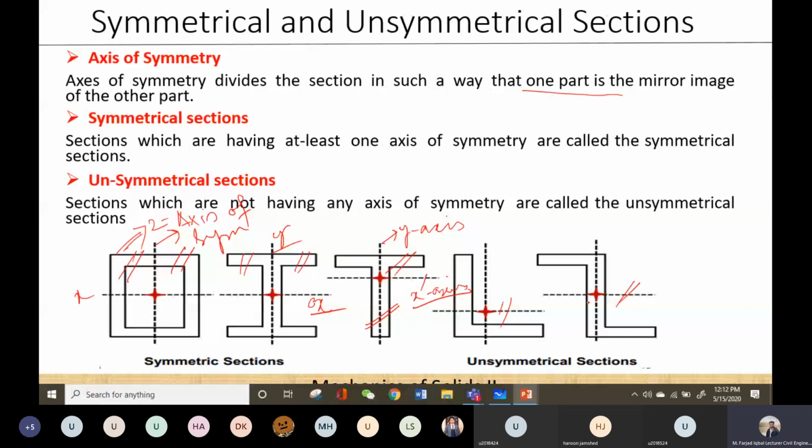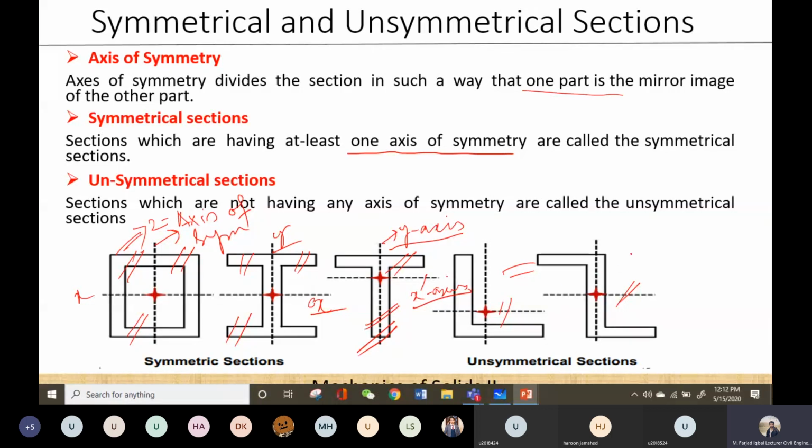So what is a symmetrical section? A symmetrical section is one which has at least one axis of symmetry. So we can say that this is a symmetrical section, this is also a symmetrical section, and this T section is also a symmetrical section because it has one axis of symmetry. And both these sections are unsymmetrical sections because they don't have any axis of symmetry.